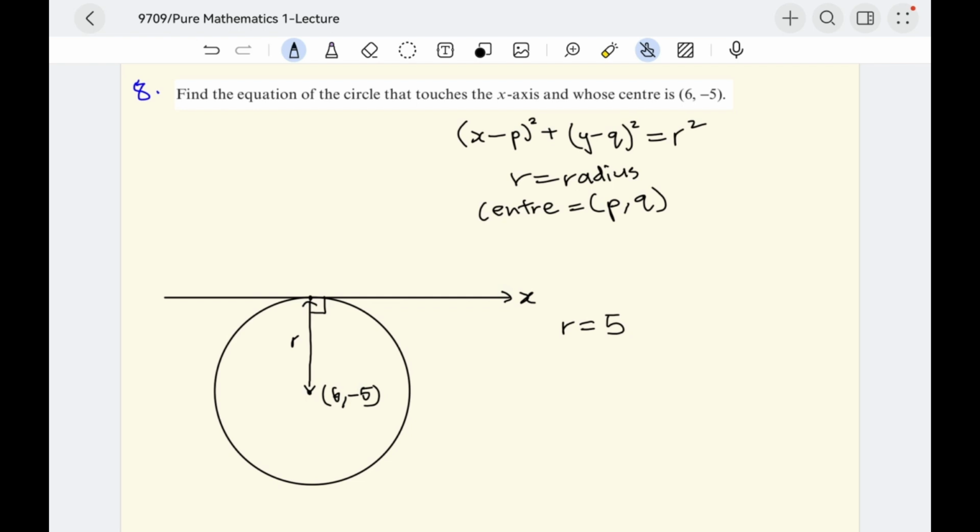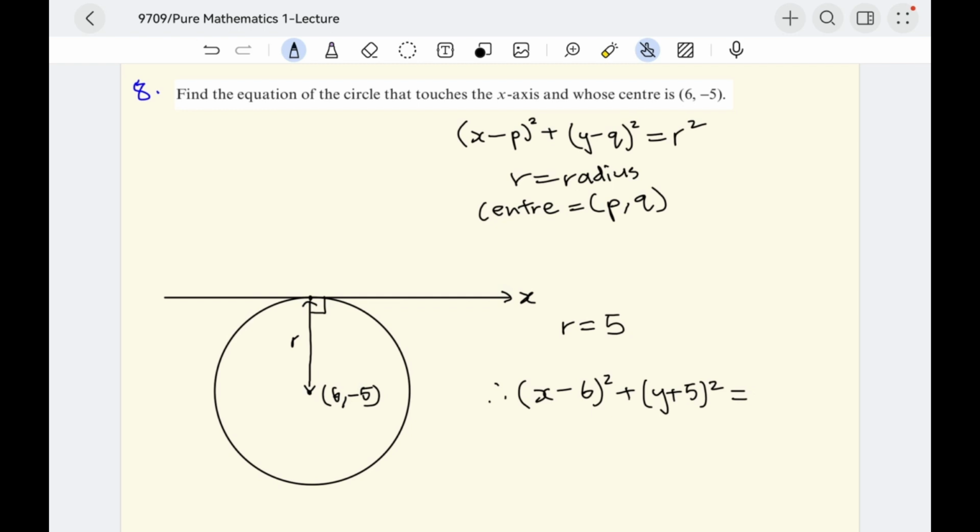That makes sense. To find the equation of the circle, I recommend you write it in the standard form, unless the question states that you need to find the general form. So following the standard form, I have (x - 6) squared plus (y - (-5)) squared, which is y plus 5, equals radius squared.